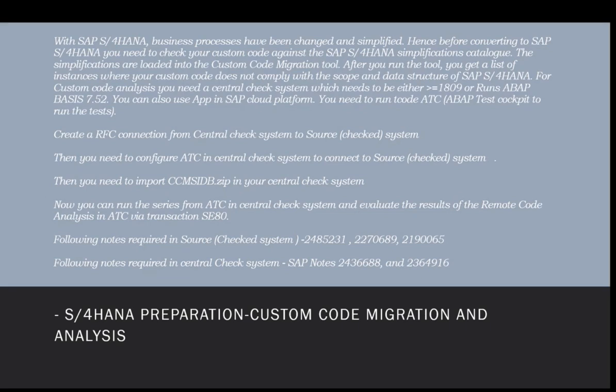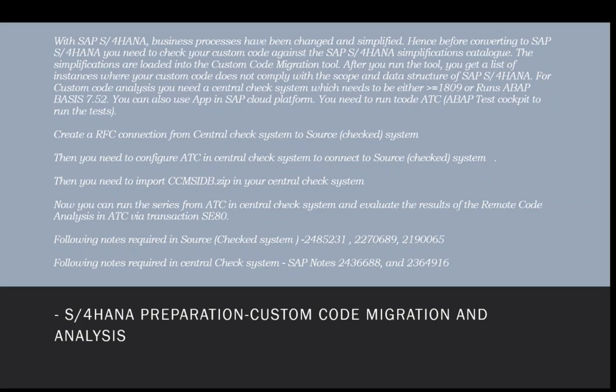That is done through the ATC, the ABAP Test Cockpit. These are the ATC checks, and it requires a minimum 7.52 ABAP basis version.